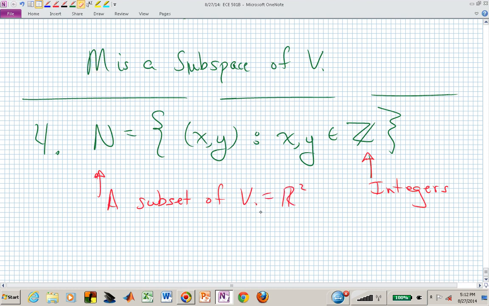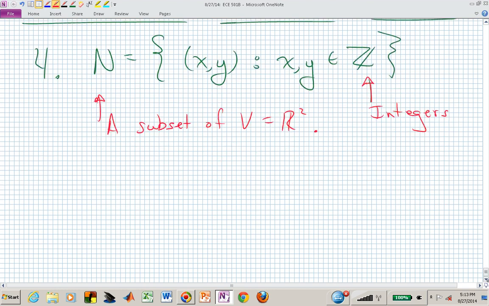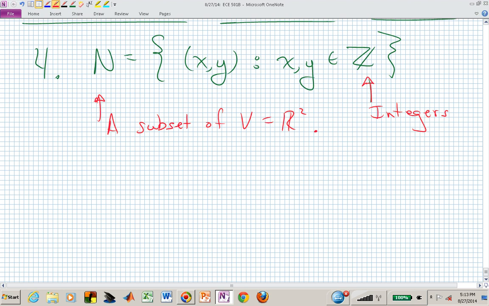So we have to do more than say, oh, it's not even a subset. It is a subset, isn't it? And does it satisfy property A? The origin is in N, isn't it? So that one's okay. We can let x and y both be 0.